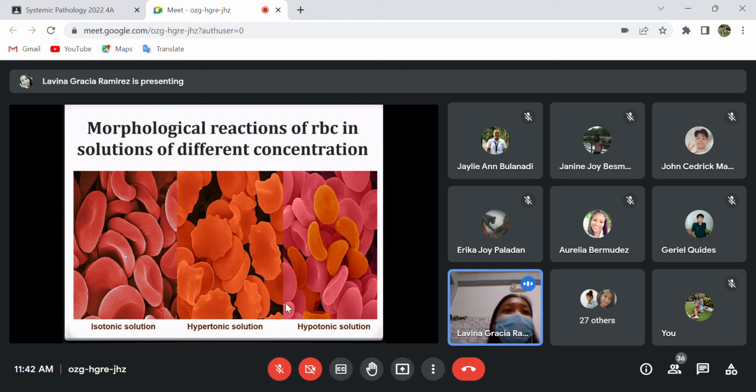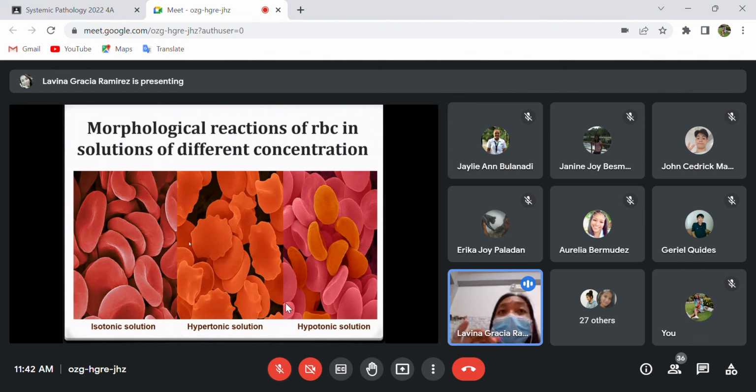Okay, for isotonic solutions, okay lang because the behavior of the RBC within this kind of fluid isotonic is good. So, ibig sabihin, they can thrive, so they don't have any changes in sizes. They can do their function properly. But then again, if there is a hypertonic solution, ibig sabihin, the tonicity or the concentration of the solution will change the movement of fluid.